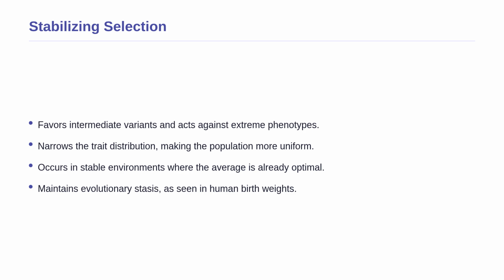Stabilizing selection punishes the extremes and rewards the average, making the population much more uniform. This acts as an evolutionary anchor in stable environments, explaining why many species remain relatively unchanged over millions of years, a phenomenon known as evolutionary stasis.